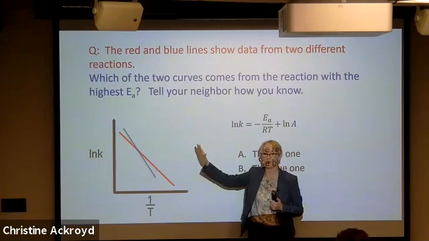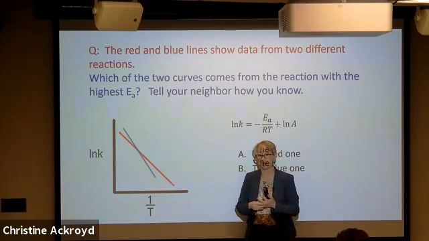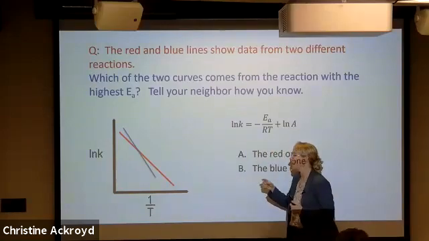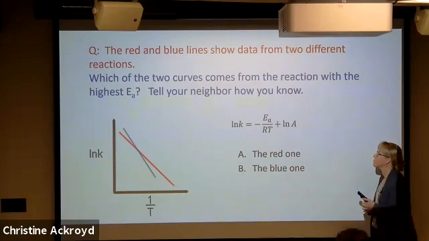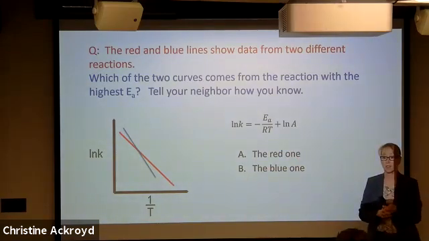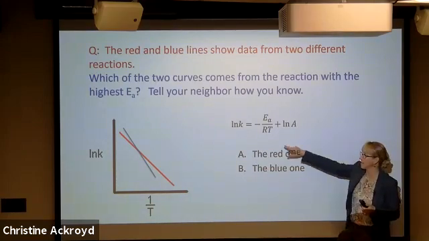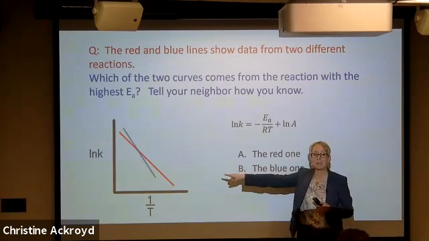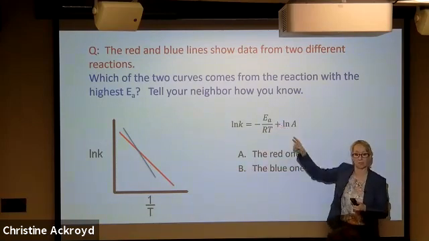So the steepest one is going to have the largest negative slope, right? Okay. Can we say that the steepest one has the highest energy of activation? Yeah. What this equation says is the line with the steepest slope corresponds to the highest energy of activation.